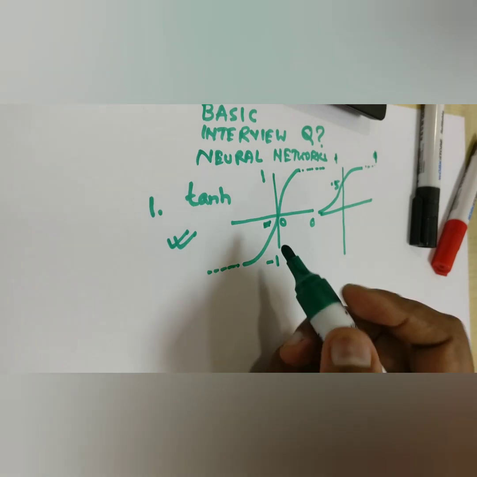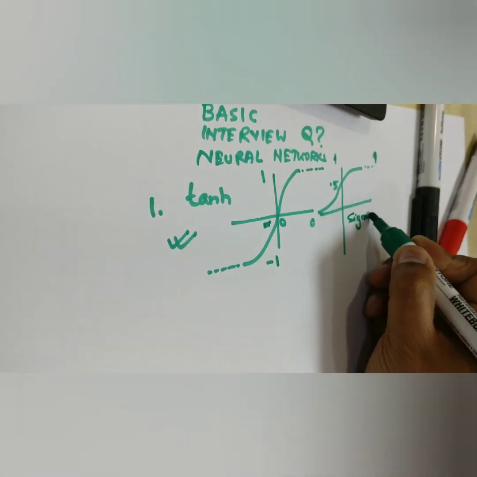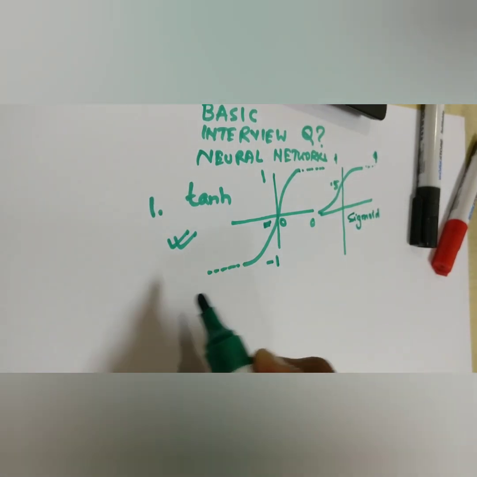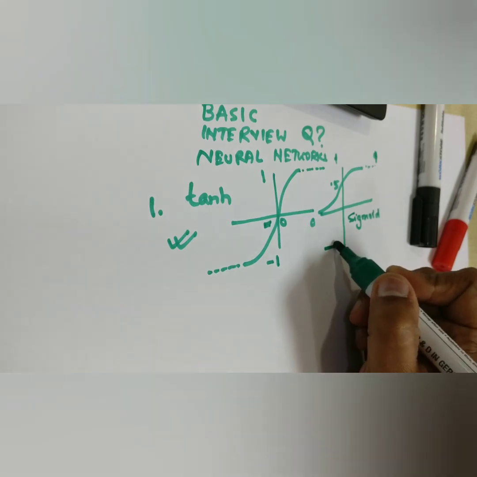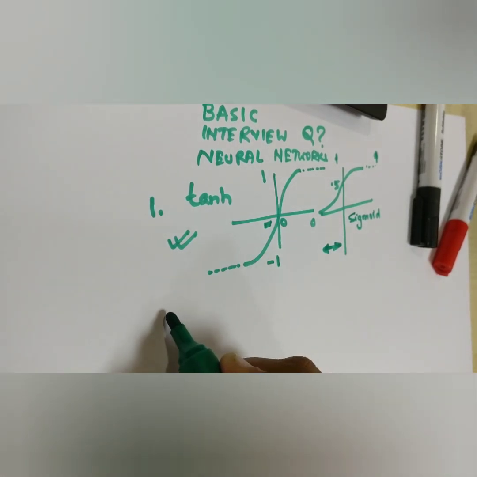So that is the first question that you might get. What is the difference between using a tanh or the sigmoid function, and which would you prefer? But typically, if it is a binary classification, you might also use this one. So I would encourage you to read about both the activation functions and when they are used.